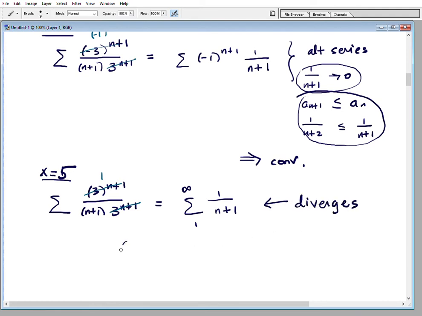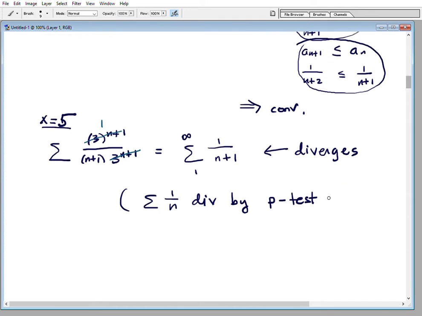All right, we know that diverges because this diverges by the p-test. These two series are almost the same. You would compare 1 over n + 1 to 1 over n. These are very similar. You can compare them by the limit comparison test.